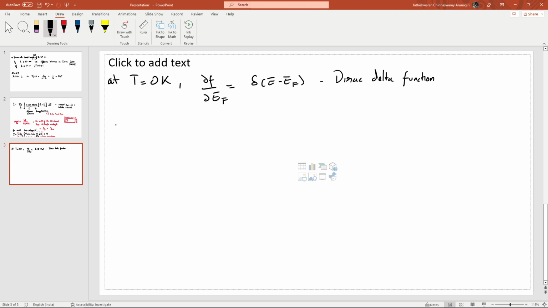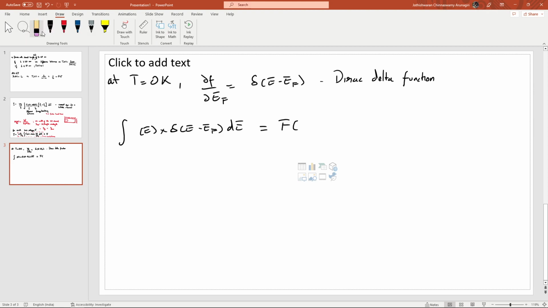And this is a property for anything. So if I have an integral of some function f of E into delta of E minus EF dE, then this integral will directly be... let me not say f, I'm already using an f for the Fermi level.